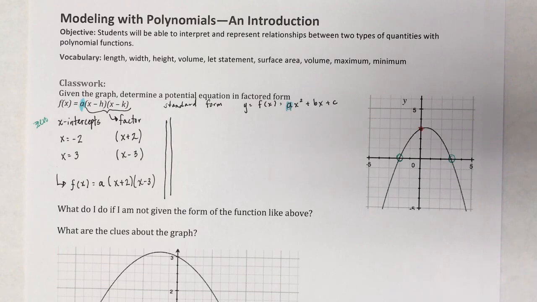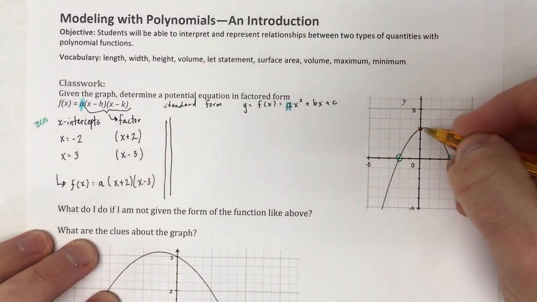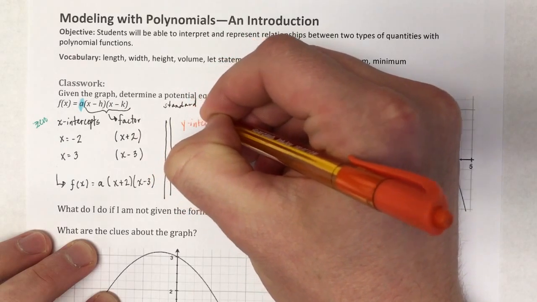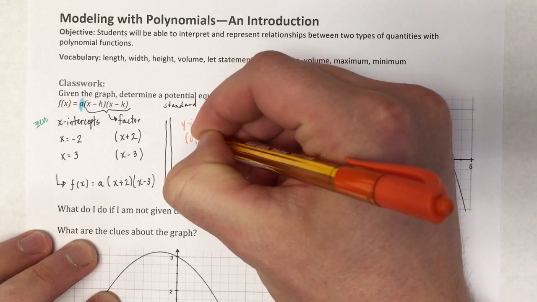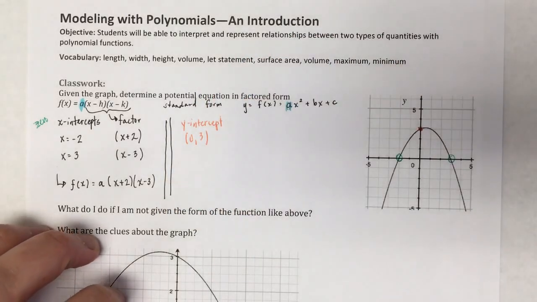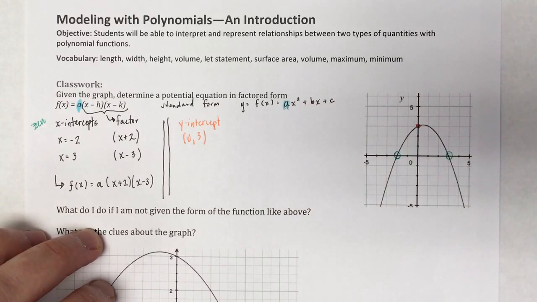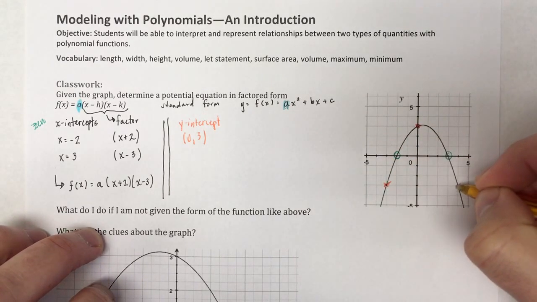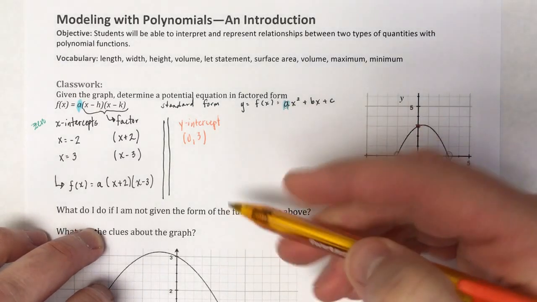But once I have that third point, I can actually come up with a direct equation. And what I notice is that the point is the y-intercept, 0, 3. And in fact, that allows us to solve this, but there are other points I might be able to use, and in my other examples, I'll show you what happens when you use something other than a y-intercept. But let's just start here.